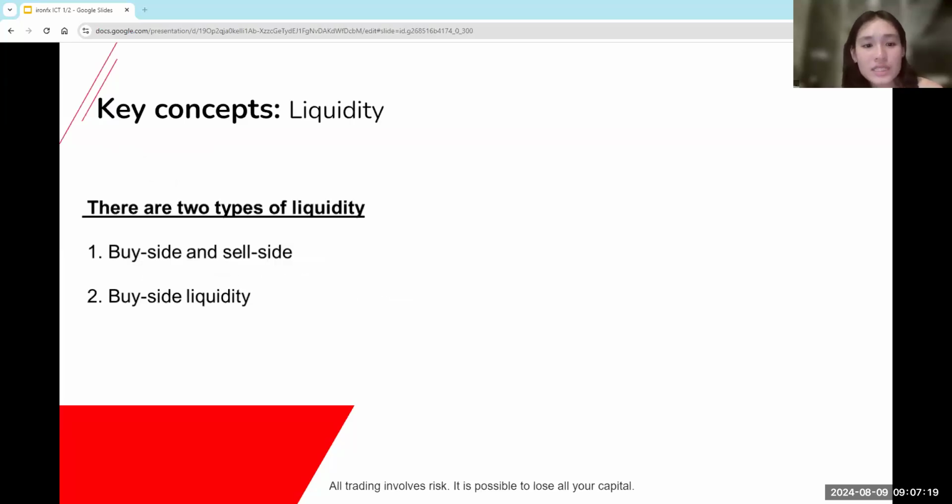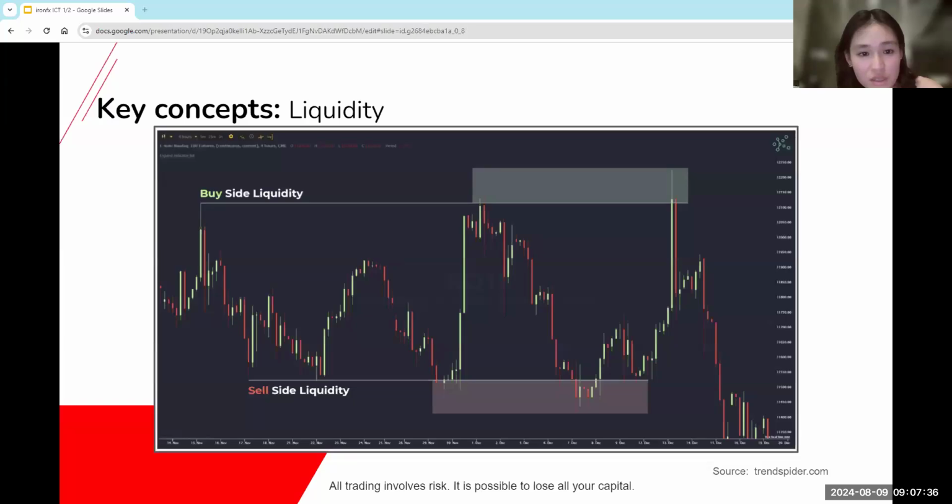Okay, so firstly is liquidity. There are two types of liquidity, basically the buy side and the sell side. Buy side liquidity represents a level on the chart where short sellers will have their stops positioned, whereas sell side liquidity is just the opposite. So we have this chart here.